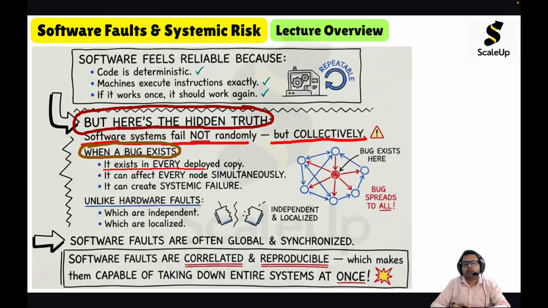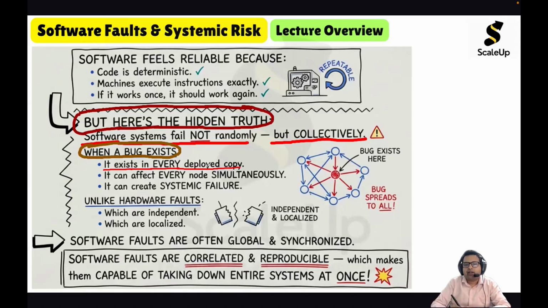Let us suppose we are following a redundant architecture wherein we have multiple replicas of the node. Every deployed copy on different nodes will carry the bug. So if a bug is there, it exists in every deployed copy.